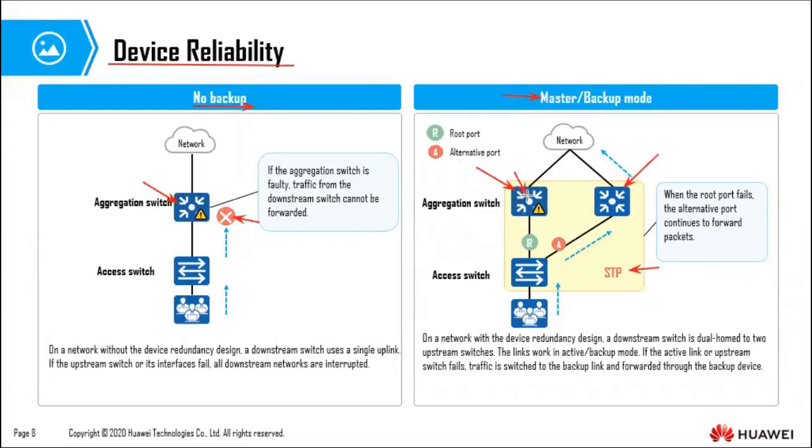But if this device goes down, then we are going to disable this root port and activate these alternate ports, and therefore data now is going to be forwarded via this route in case there's a fault. Okay.